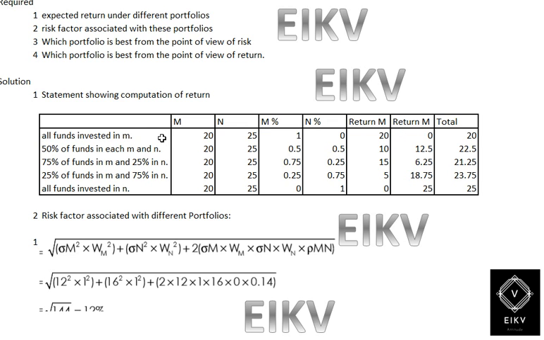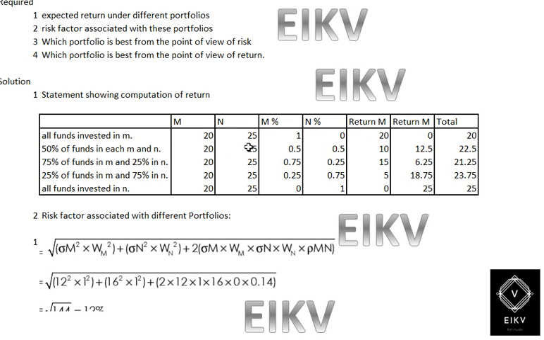So first the entire amount would be invested in M, therefore the proportion in N will be 0. Therefore the total return would be the same as the return of M, that is 20.